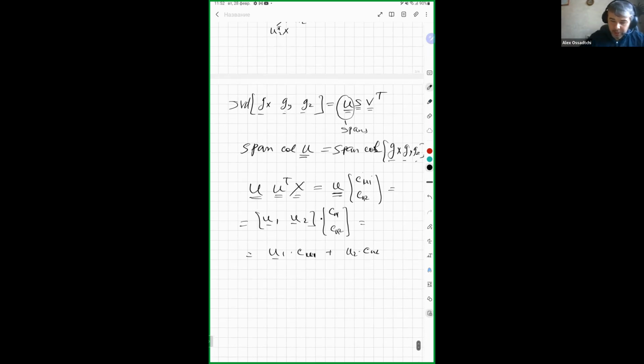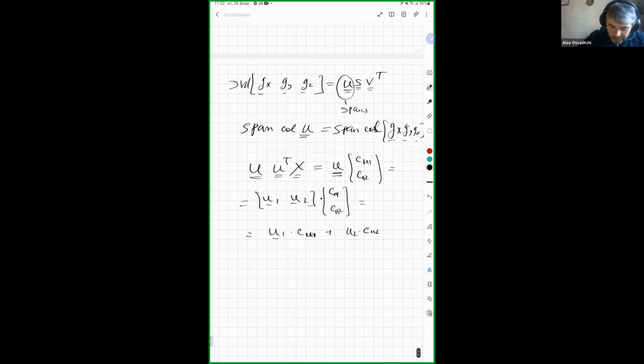So this construction, U transpose X, is nothing else but the vector itself, the projection of X onto the model space, and X is your time slice of the data.